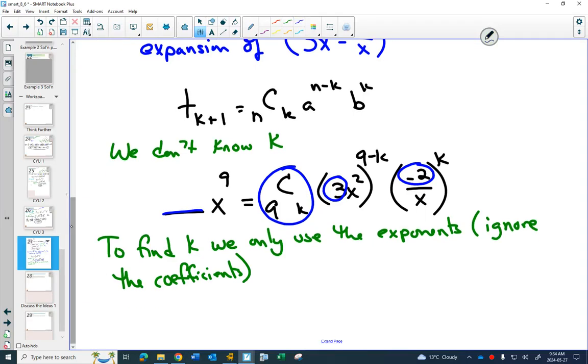Well, I know that my term has an exponent of x to the 9. And on the right-hand side here, I have x's in my numerator. I also am going to have x's in my denominator. Do you see that you are going to have x to the 18 minus 2k in your numerator, and x to the k in your denominator?